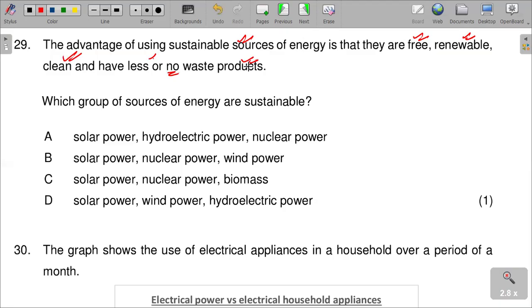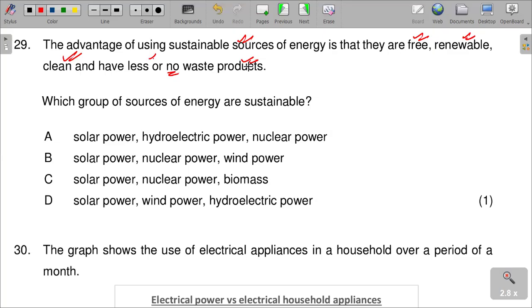We are saying they are free, renewable, clean, and have less or no waste products.